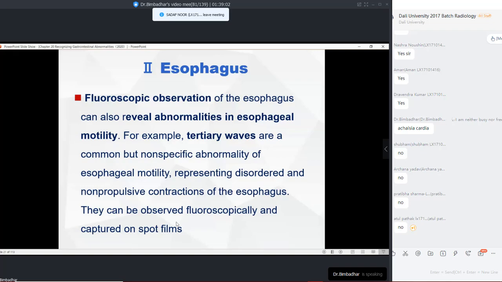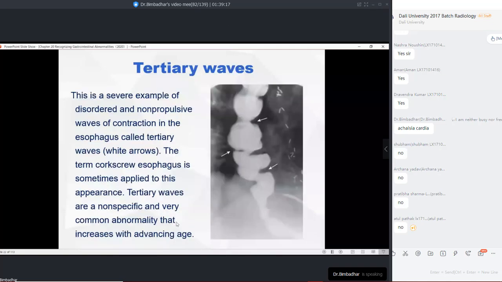So the main purpose of the fluoroscopic examination of the esophagus is to observe its motility. Now this is a very classical image.